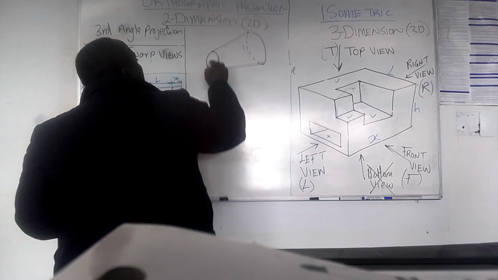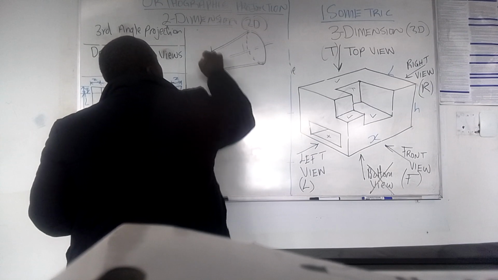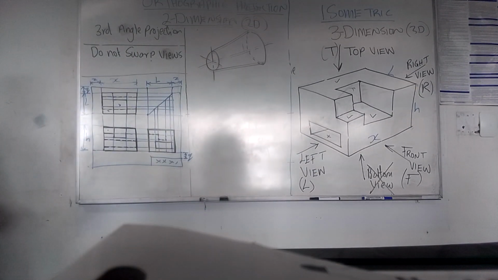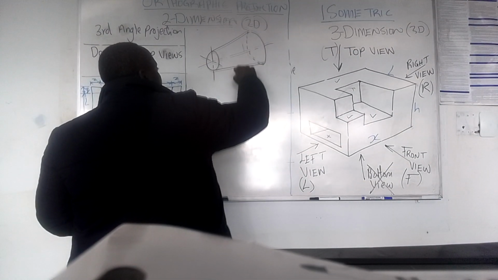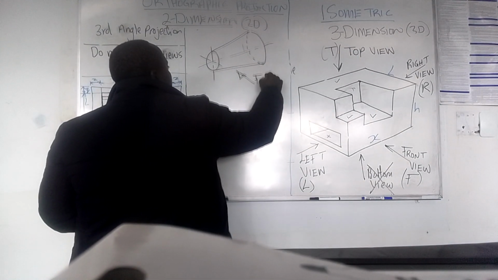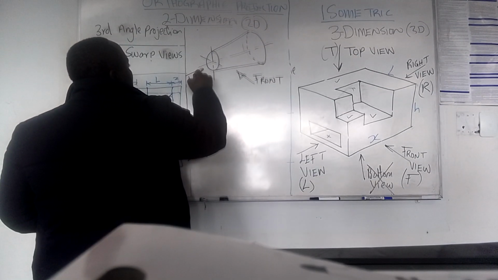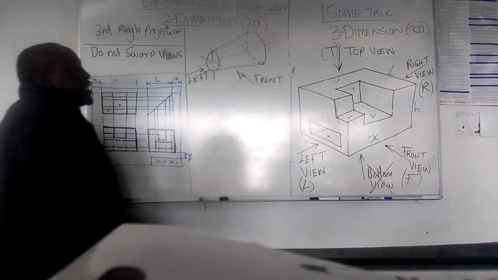Okay? So this is a solid block. It's always sitting like that, not the other way. So your front view is always seen from the right side. This is front. The left view will be seen from left. We don't look for the right view in this regard.